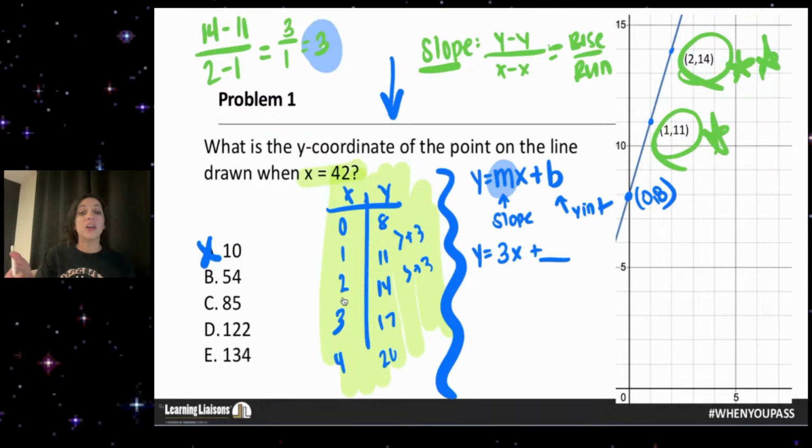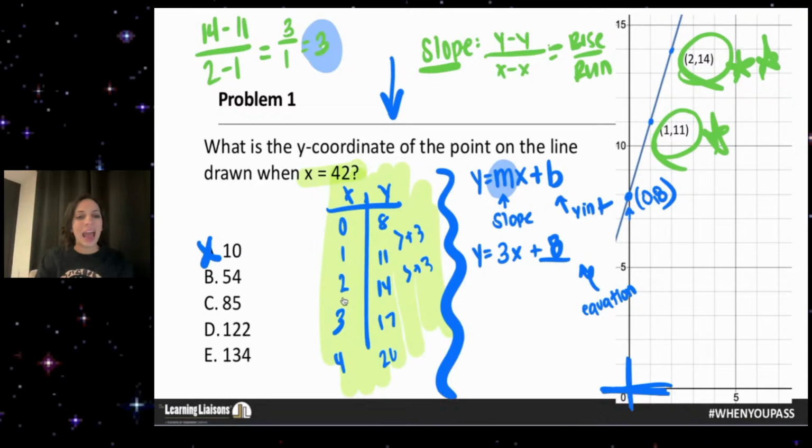Well, they graphed it in such a way that I can figure that out. We can see that this is my y-axis and this is my x-axis because that's where my origin is, and it crosses right here, which is 8. So this right here is the equation of this line in slope-intercept form.